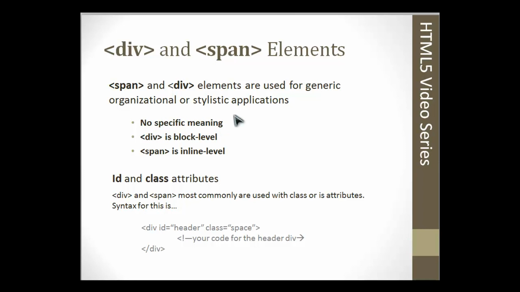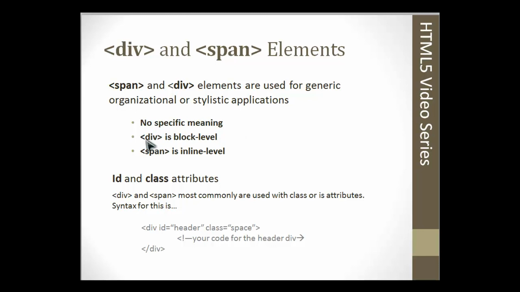Now if you just put a plain div or a plain span around anything, it's not going to change anything about that element or that code. You're the one who's going to define that. You're going to give the style to it. So it's used for custom styling, really.